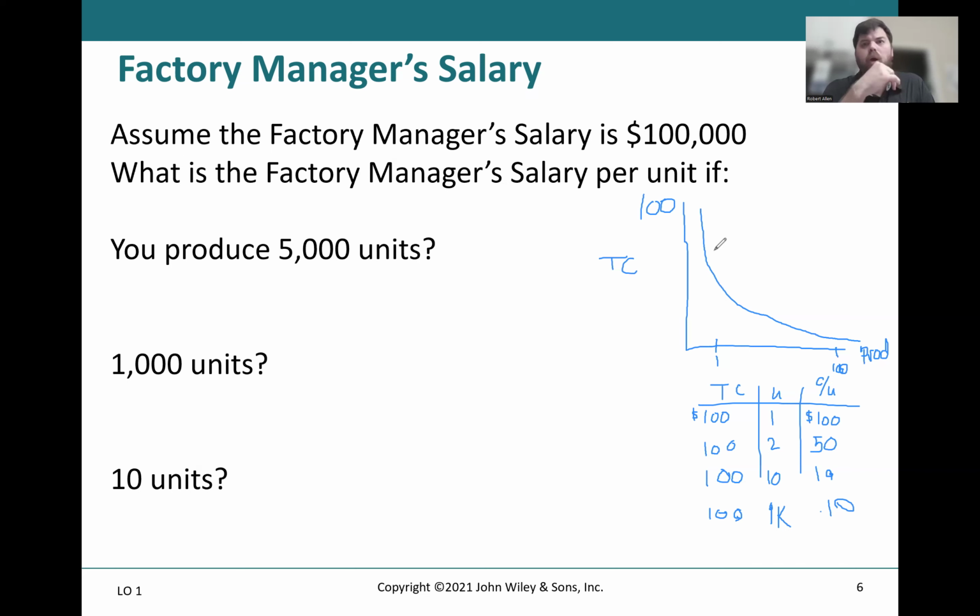The problem is if I can only produce 100 cars, then I still have to have a lot of the same fixed costs that Ford has to have, that Chevy has to have, that those large manufacturers have. But they're able to spread their fixed cost across tens of thousands or hundreds of thousands or millions of units. So even though their fixed cost is incredibly high, their fixed cost per unit is incredibly low.